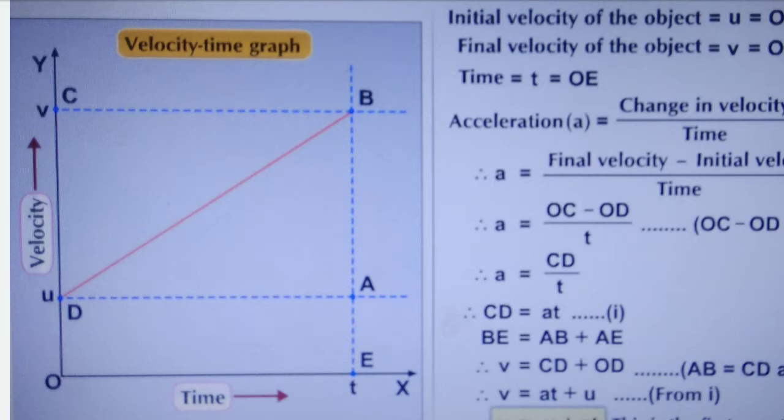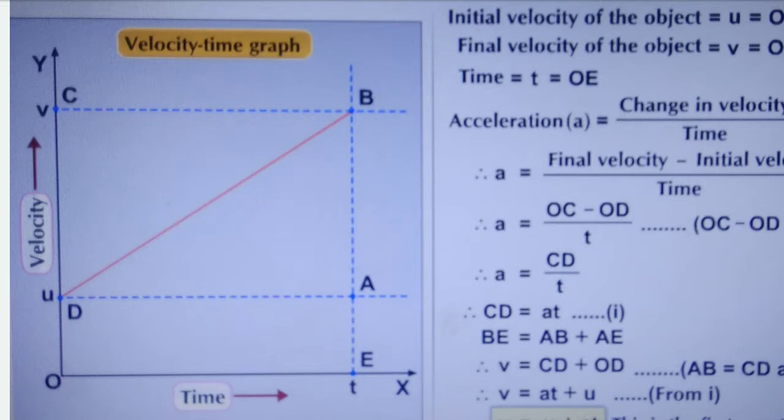This figure shows the change in velocity with time of a uniformly accelerated object. The object starts from the point D in the graph with velocity u. This is the initial velocity.